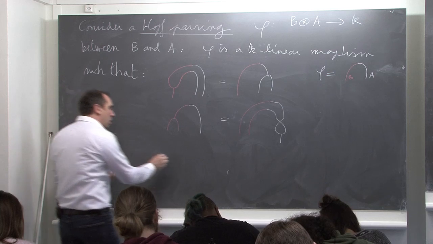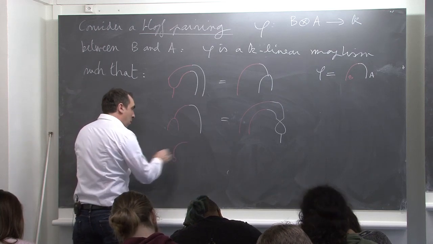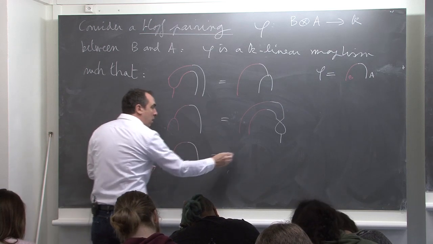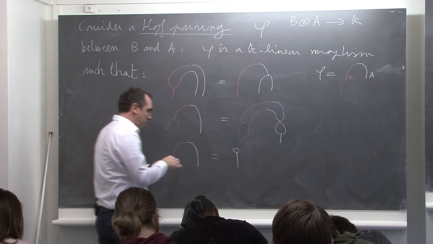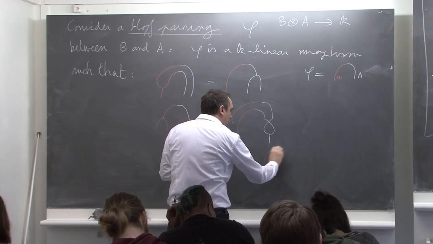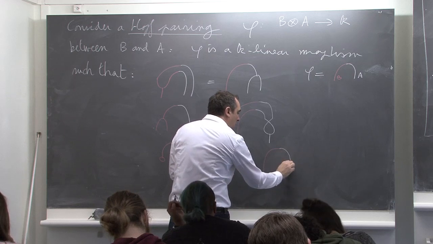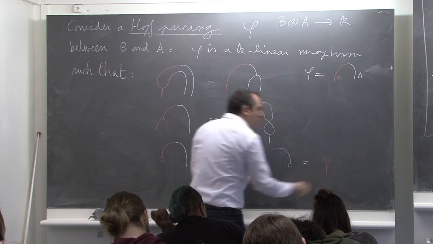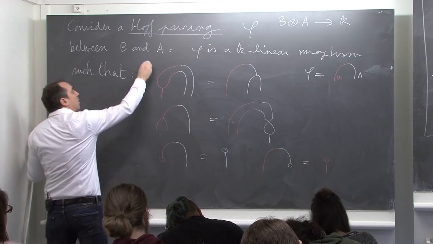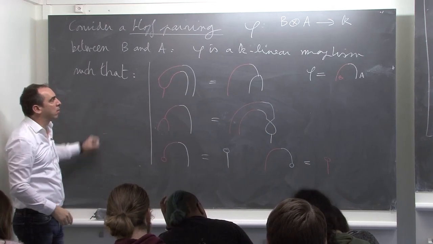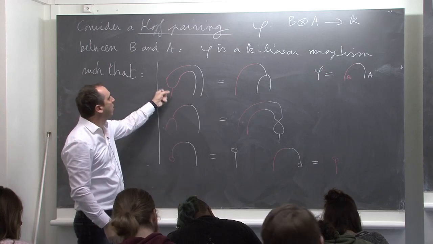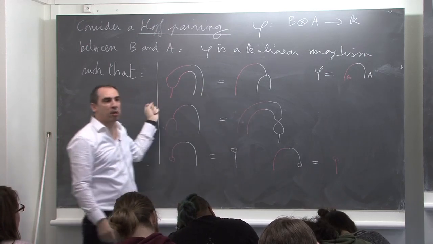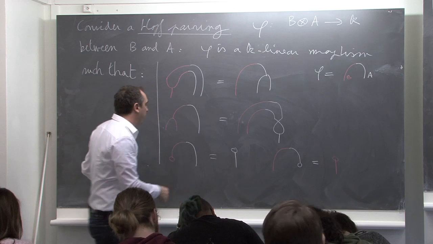And now just equal this, and now the other way around. So a pairing is a linear map which exchanges multiplication and comultiplication this way.